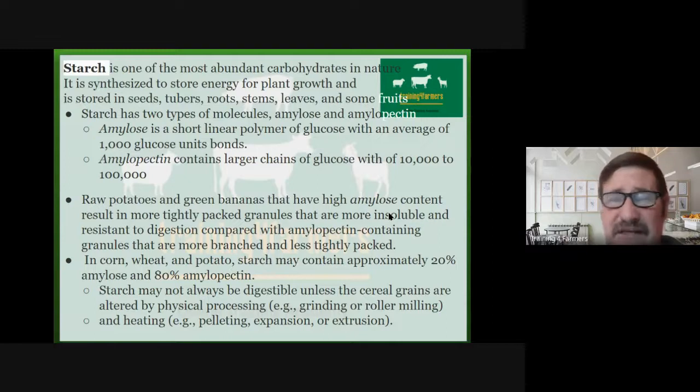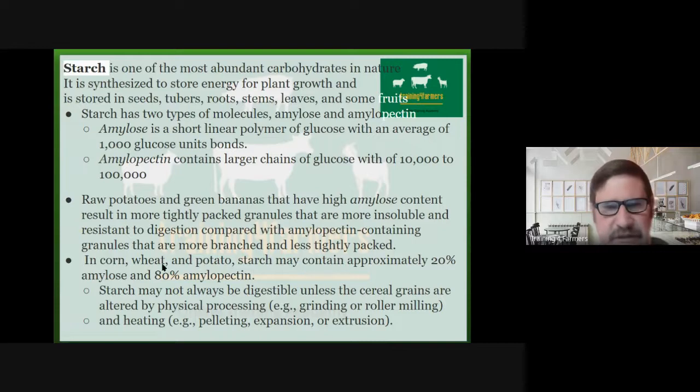The same with potatoes. We know that you've got to cook raw potatoes before you can feed it to pigs. The same as if you try and eat raw potatoes, you'll only get about a half of the energy that's available in it digested when it's raw. So those raw potatoes and raw bananas or non-ripe tomatoes have got a lot of amylose in it.